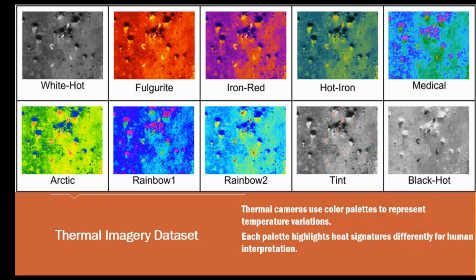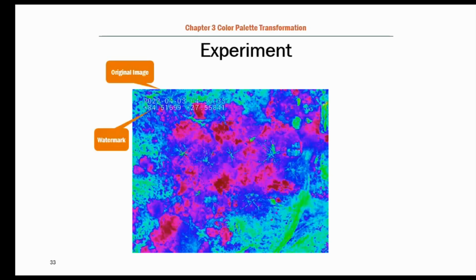However, some images collected by different research teams normally have non-uniform color palettes. The main reason is that a different research team may have their special needs, and they may select the color palette they like. And at the same time, some teams will add some time on the thermal image.